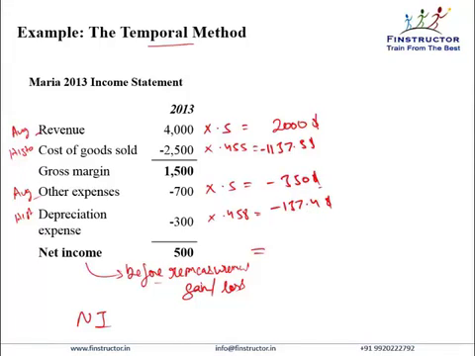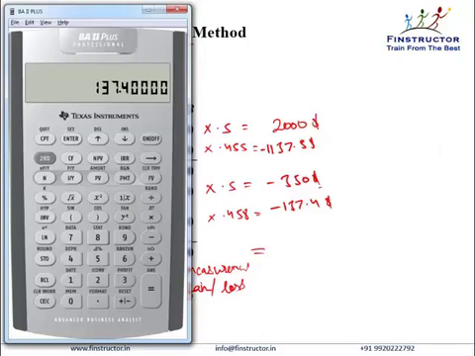So the net income before remeasurement gain can be calculated as 2000 minus 1137.5 minus 350 minus 137.4.